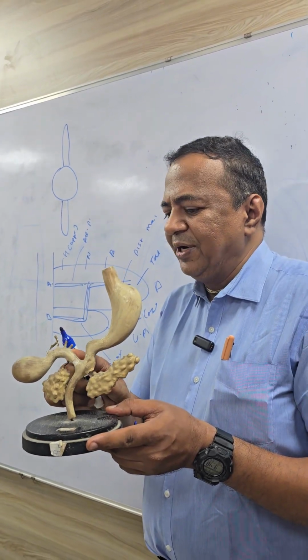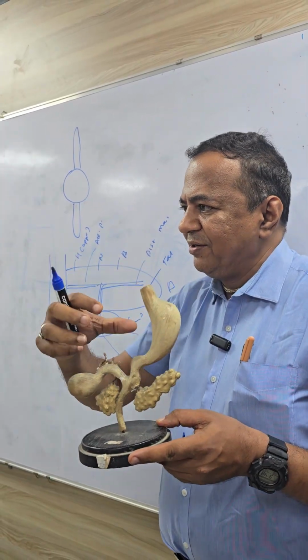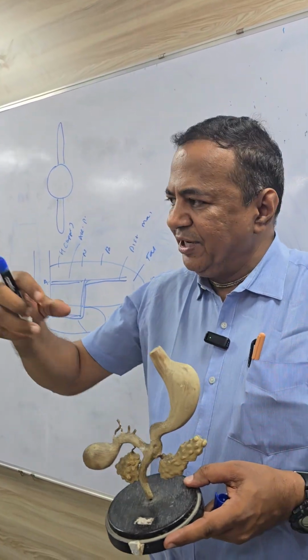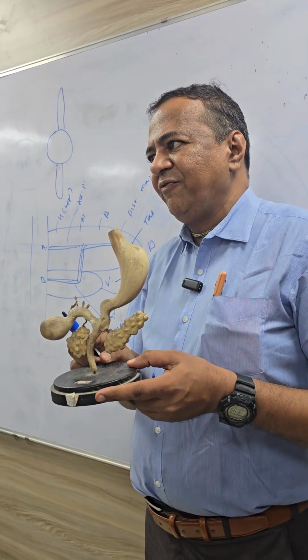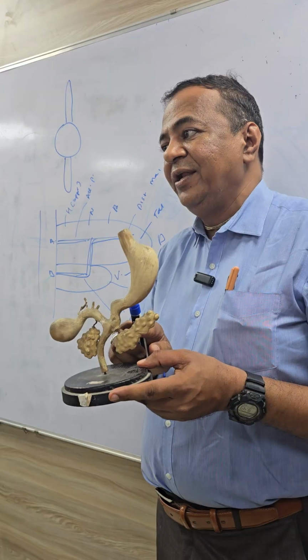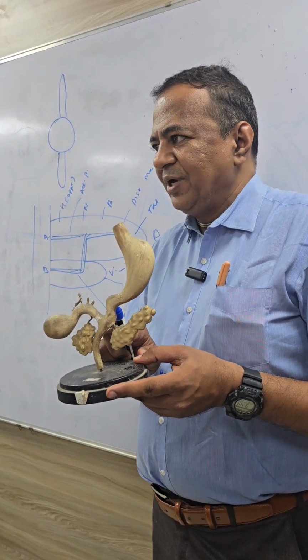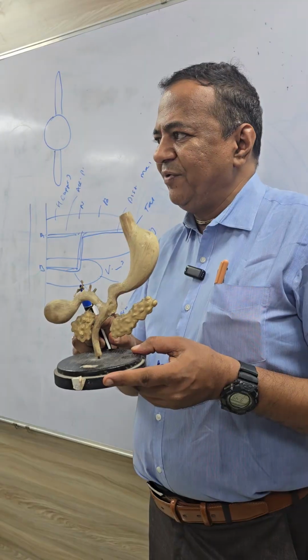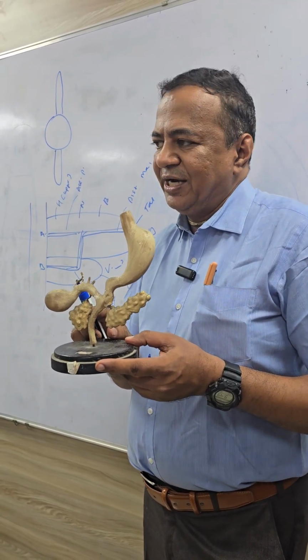This is the hepatic bud which has developed, which has given a cystic duct and the liver, which will develop on the right side. The liver they have not shown. So from the ventral bud: lower part of head, uncinate process, and proximal part of the main pancreatic duct. From the dorsal bud: upper part of head, neck, body, tail, distal part of main duct, and accessory pancreatic duct.